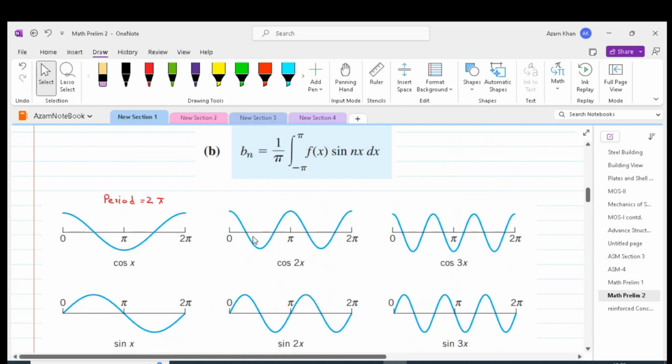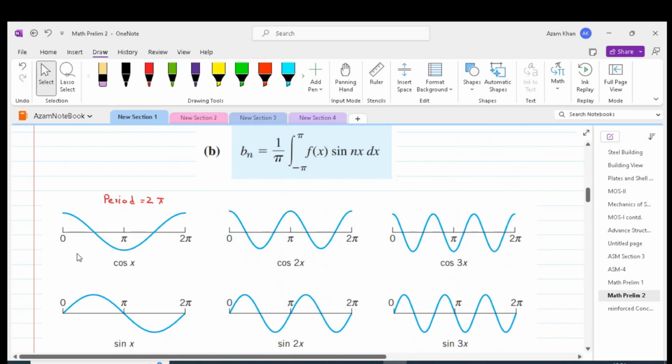Although individually this function, for example, has a period of pi, in the case of the Fourier series we consider this function between 0 and 2 pi. So the period of all these functions is taken as 2 pi.